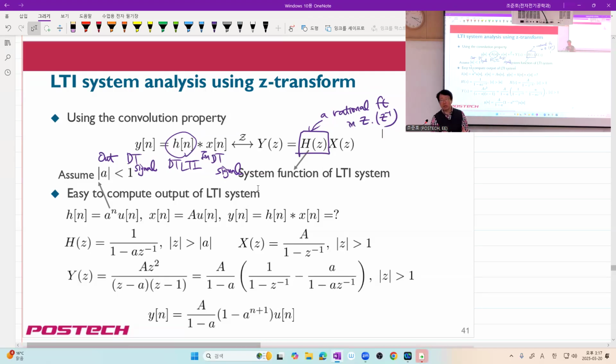Similar to what you learned in differential equations. When you solve a differential equation, your dynamical system can be rewritten by using the characteristic polynomial as an algebraic form. And you can easily solve the problem.